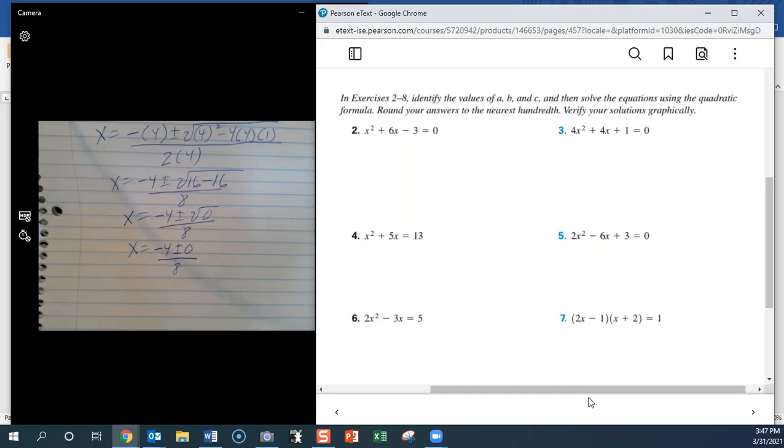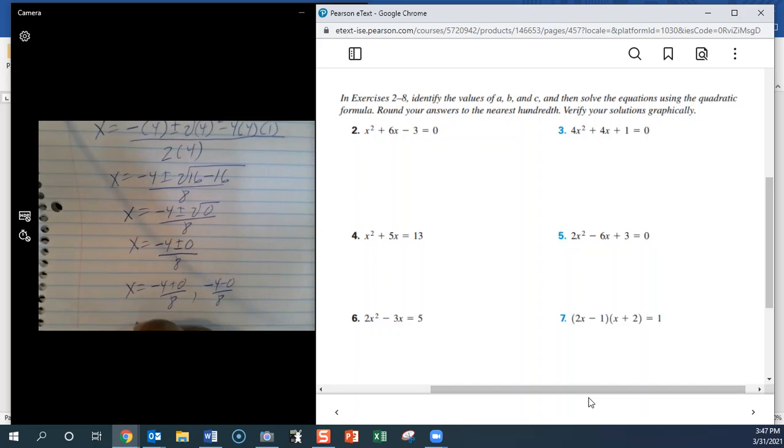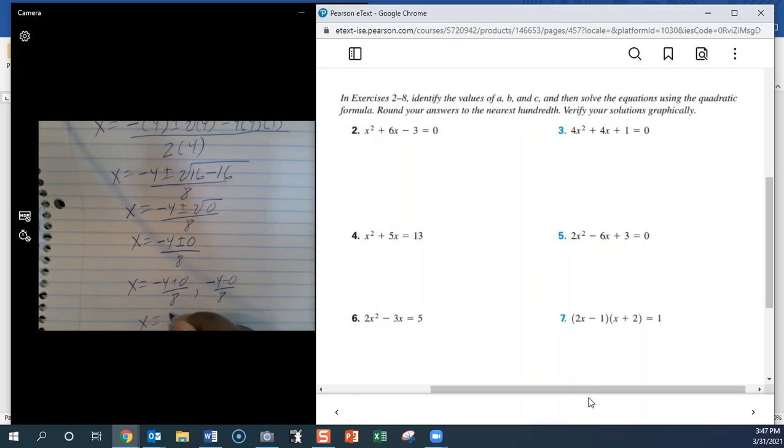So we could rewrite this as x is equal to negative 4 plus 0 over 8, and also negative 4 minus 0 over 8. Since we're dealing with zeros, these two values will end up being the same. So this would be x is equal to negative 4 plus 0, which is negative 4 over 8, and this will also be negative 4 over 8.